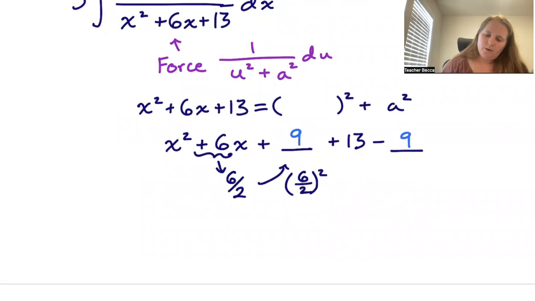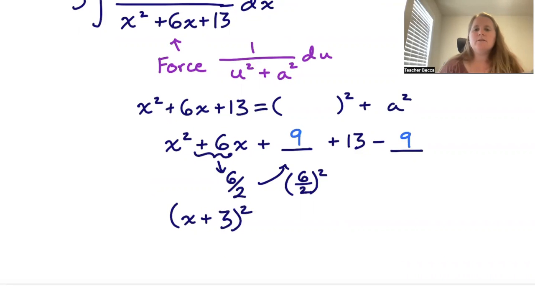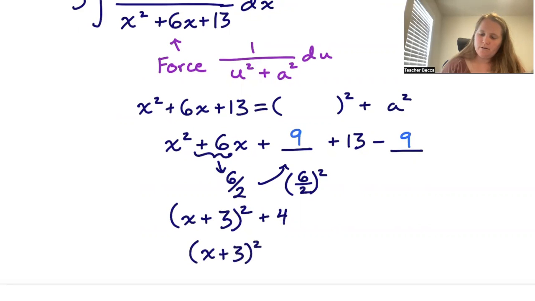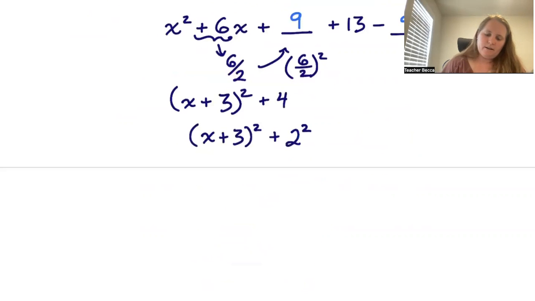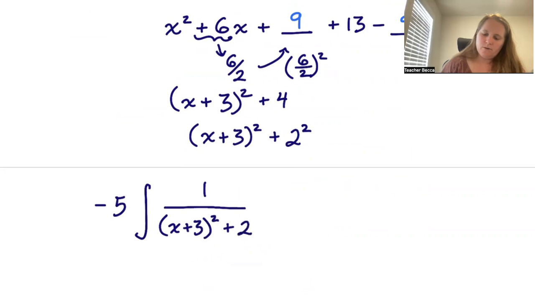This first part becomes x plus 3 squared plus 13 minus 9 is plus 4, or x plus 3 squared plus 2 squared. So we are looking at negative 5 times the integral of 1 over x plus 3 squared plus 2 squared dx.